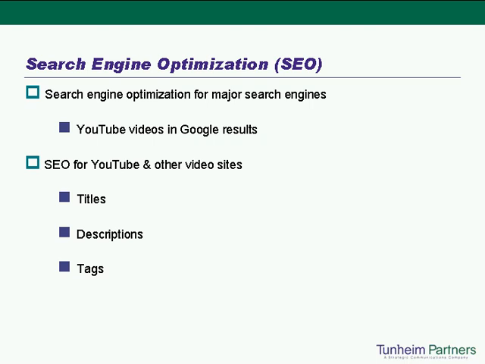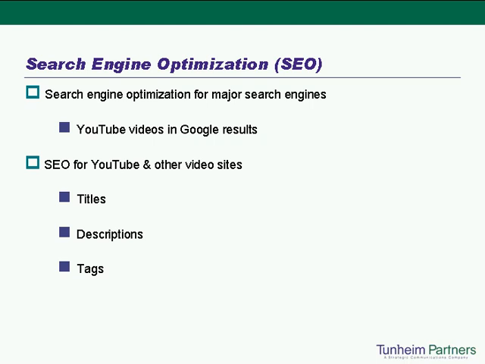Okay, search engine optimization again. You should be thinking about search engine optimization for major search engines, and again, YouTube videos get folded into the Google search results. So when you upload your videos to YouTube or other video sharing sites, you want to use keywords in the titles of the YouTube video, in the descriptions of the YouTube video, and in the tags of the YouTube video.